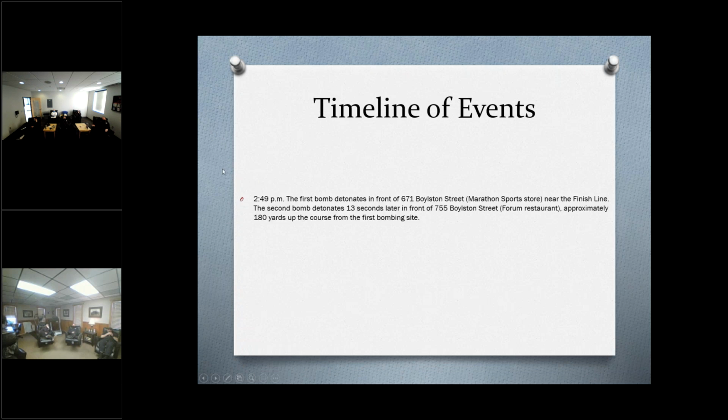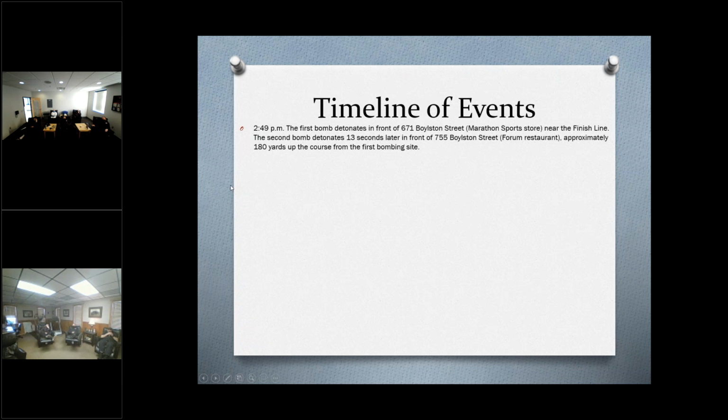So first, when we're looking at the Boston Marathon bombing, the timeline of events is at 2:49, the first bomb detonated. Very shortly afterwards, the second bomb detonated. Immediately, they called in a mass casualty incident. For this specific case study, they had a lot of things going right off the bat.